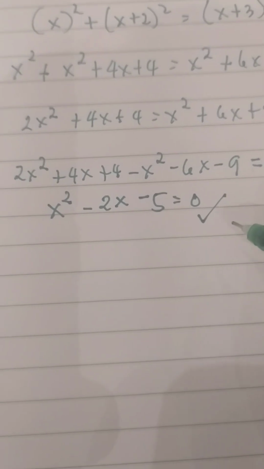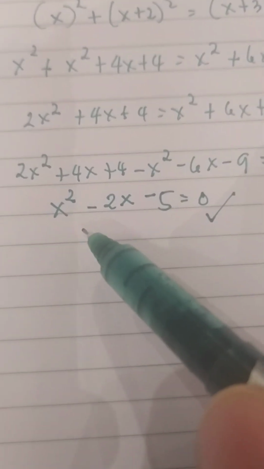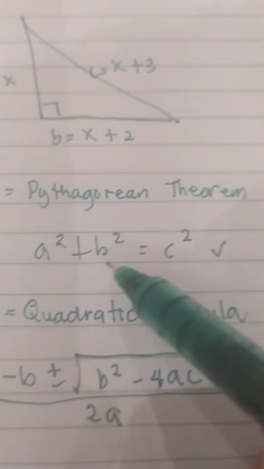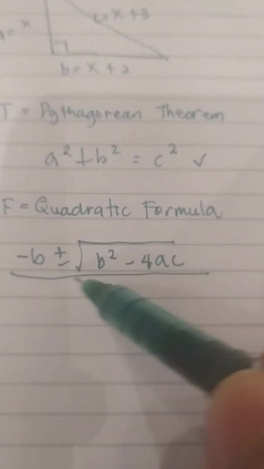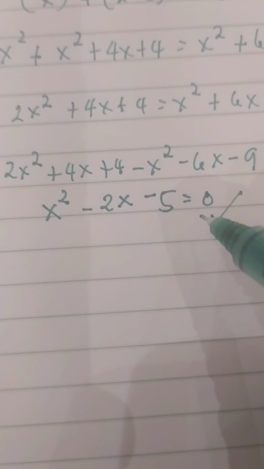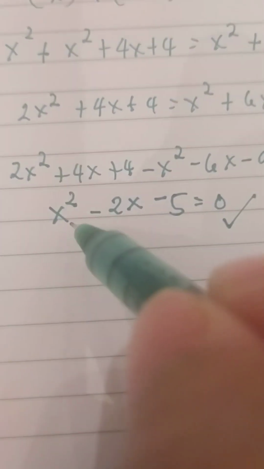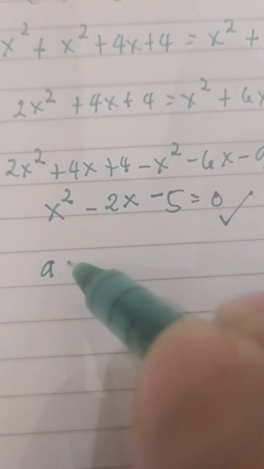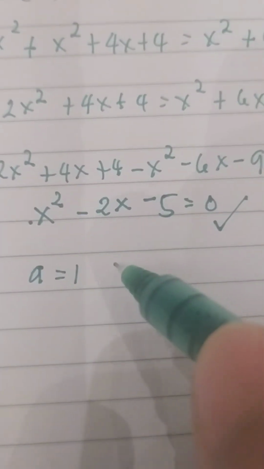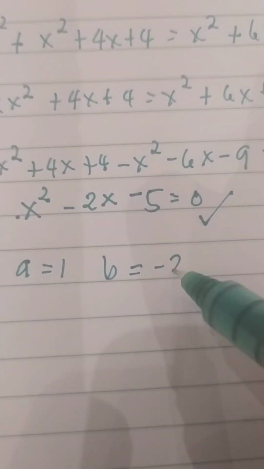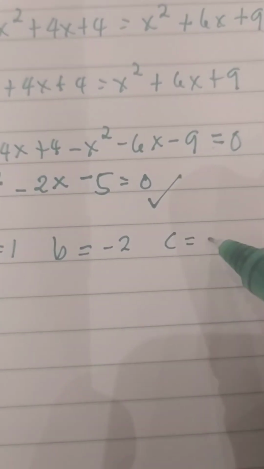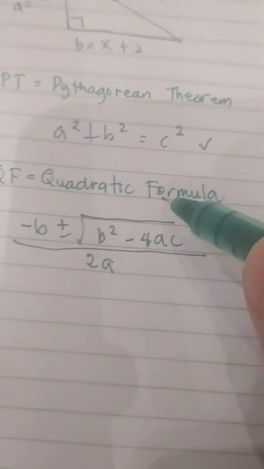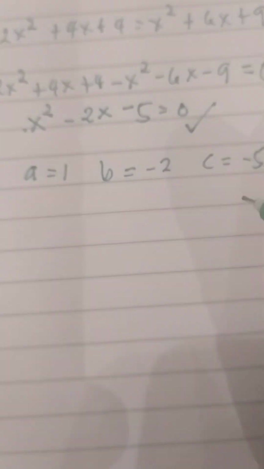We are going to use this to get the value of x using our quadratic formula, this one. In this equation, the value of a is equal to 1, b is equal to negative 2, and c is equal to negative 5. Using the formula, we are now going to plug in the values.